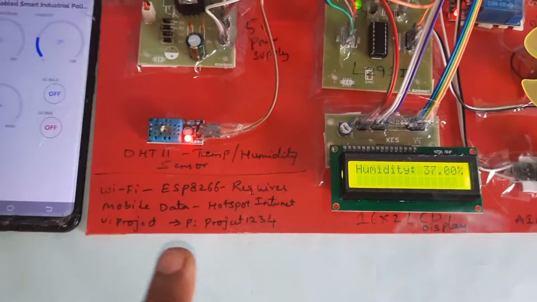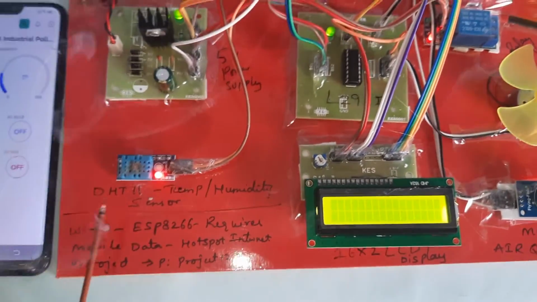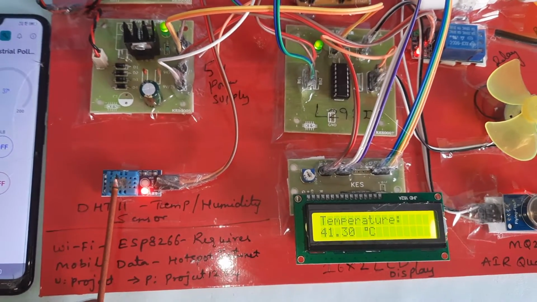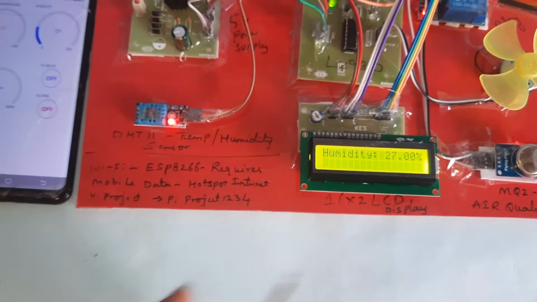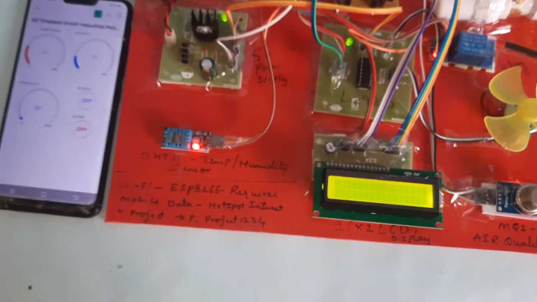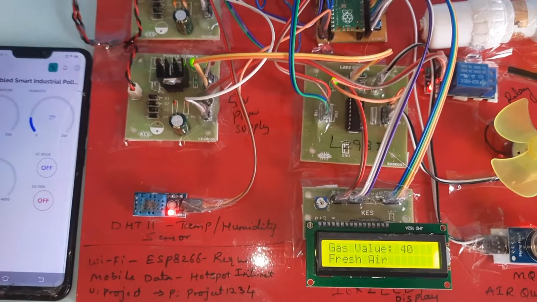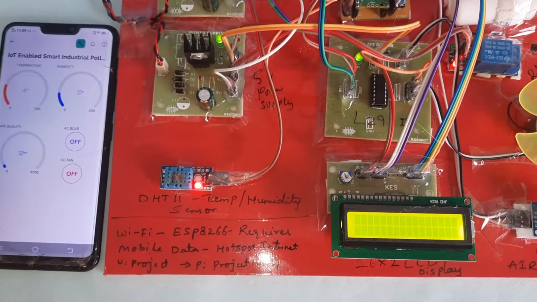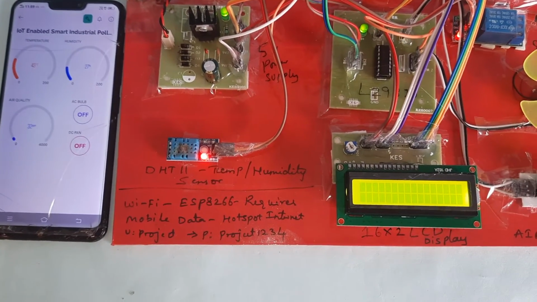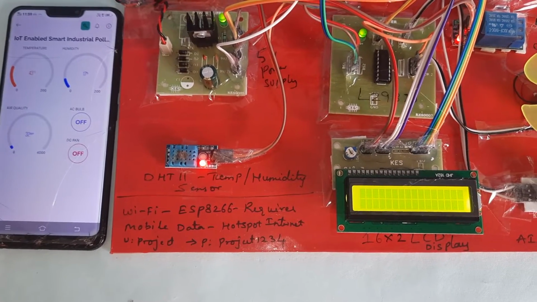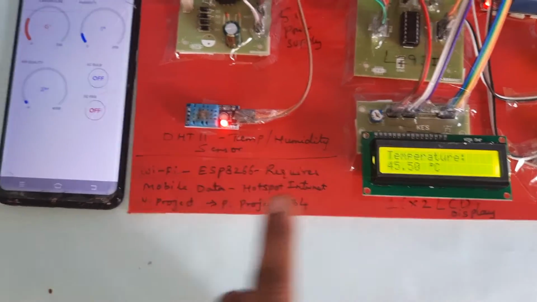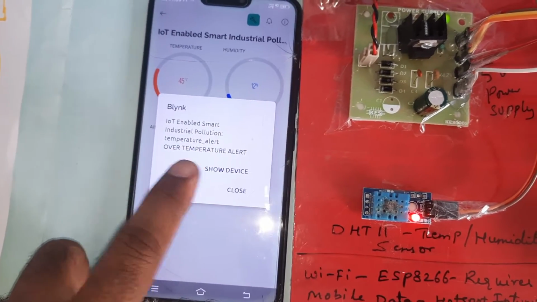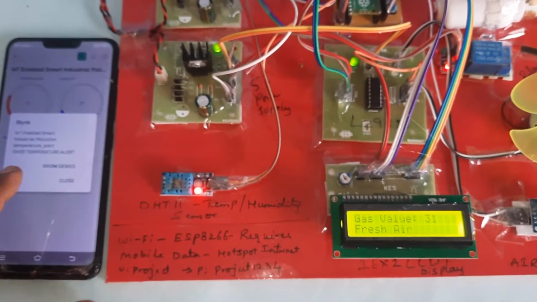The temperature set point is 40, and above 40 it will send the data. Temperature increased to 41, so we will get a notification alert. Here it will show the notification. Temperature 45. Yes, we got the notification: IoT enabled industrial over temperature, and we will get the email alert also.